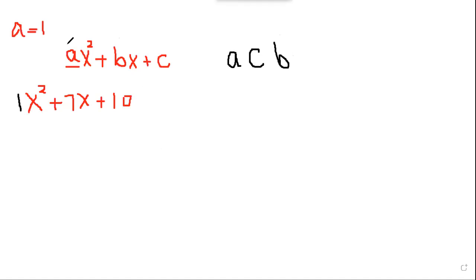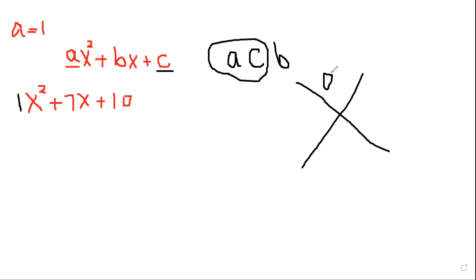A is the coefficient before x squared, C is the last term or constant value, and B is the middle term. So at the beginning, we will start with AC, and after that, we will search for B.